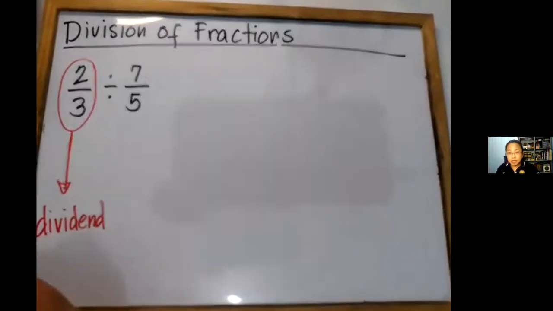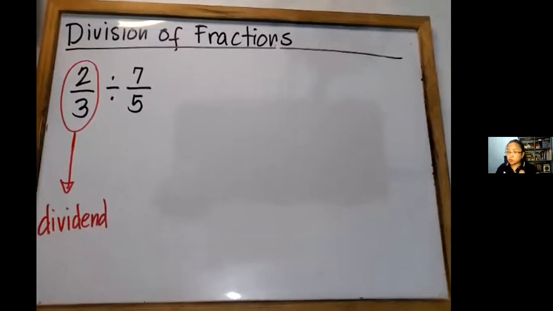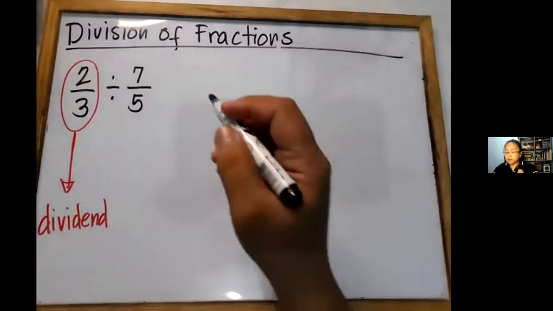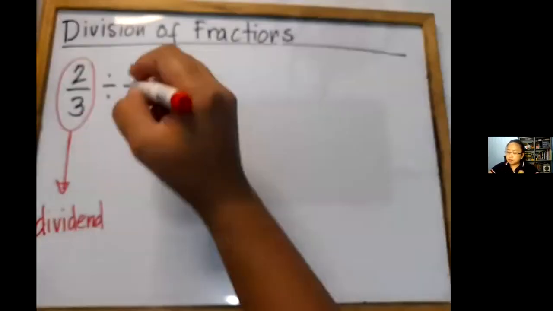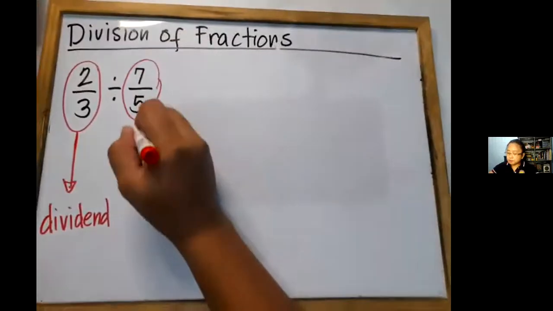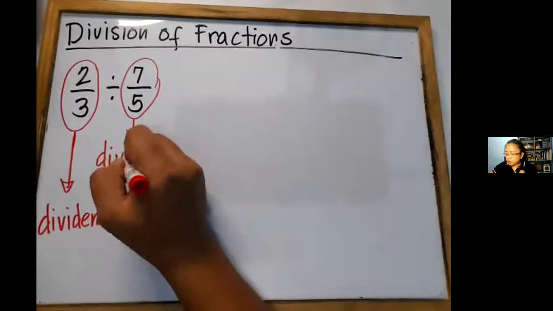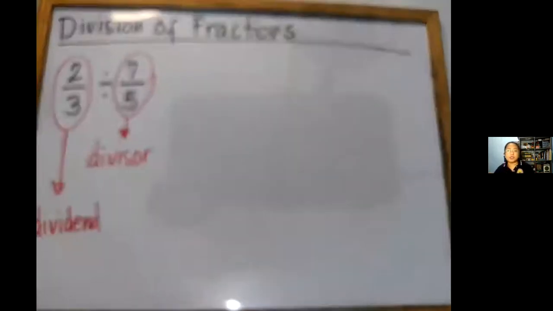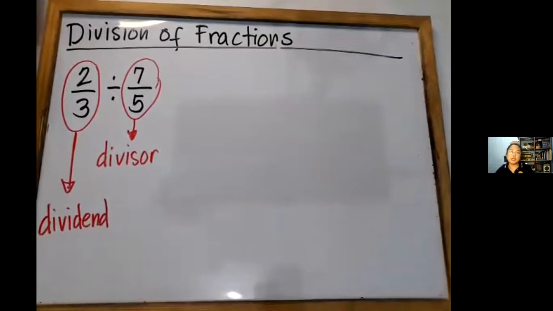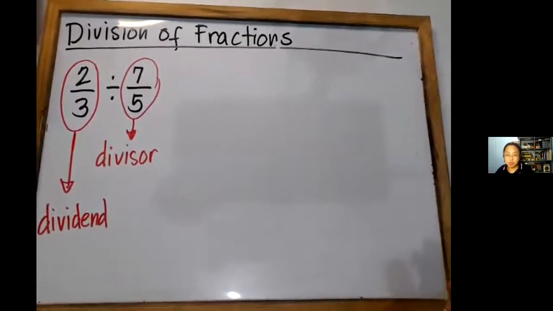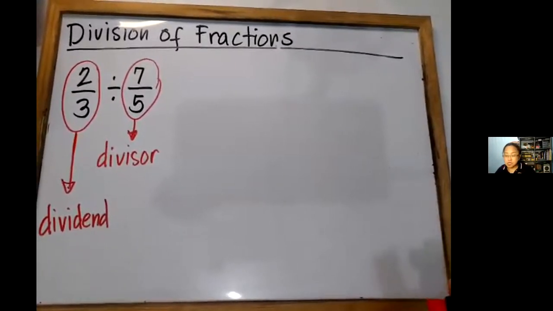Yung number na ihahatiin natin or i-group natin into some groups. Then 7/5 is our divisor. Now, bakit importanteng kilalanin ninyo yung mga numbers na ino-operate ninyo? Kasi diyan nakasalalay kung magiging tama o mali yung inyong sagot. So, identify first which is the divisor. Madali lang malaman yan.